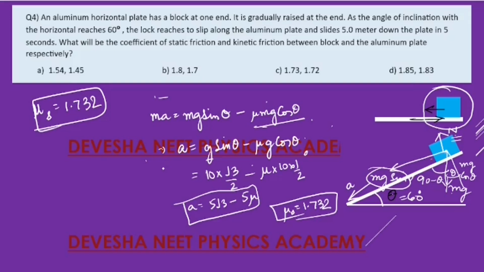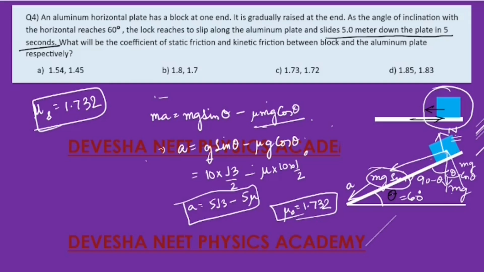Now, if you have noticed in the question, we are given that it moves 5 meters down the plane in 5 seconds. So what will be the acceleration in that case? We need to find the acceleration here.